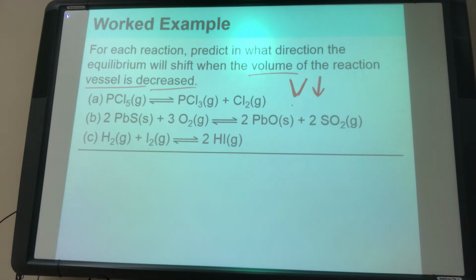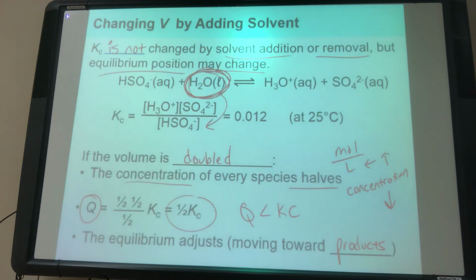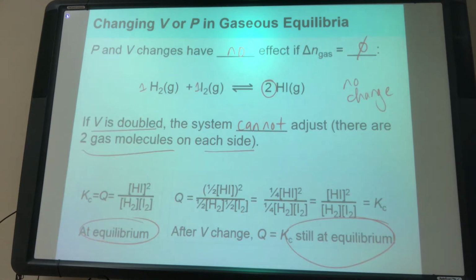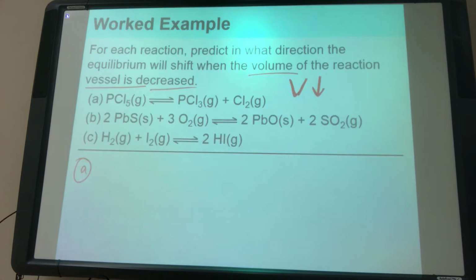Okay, so let's look at the first one. We said for A, if volume goes down, what do I do? So let's go back. Let's look at our general rule. If volume goes down, I want to go to the least molecules.